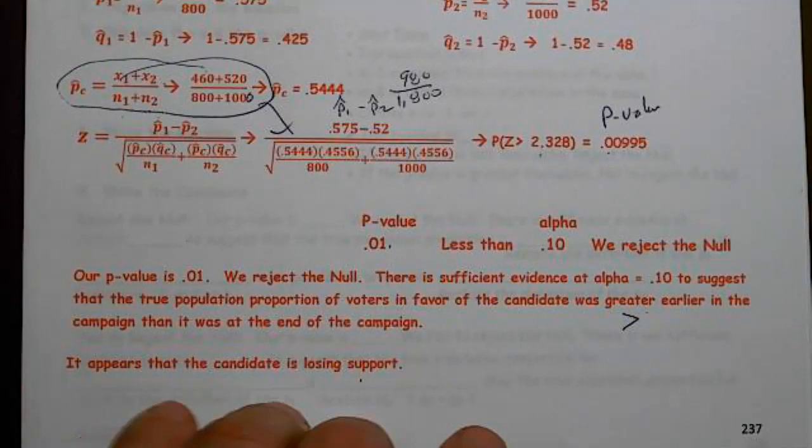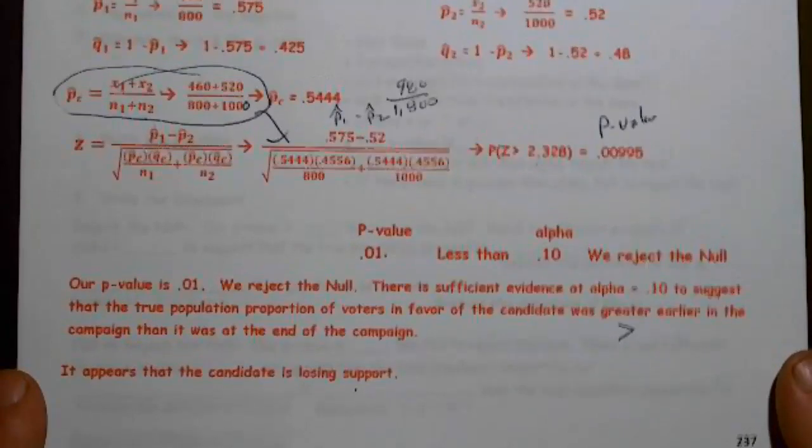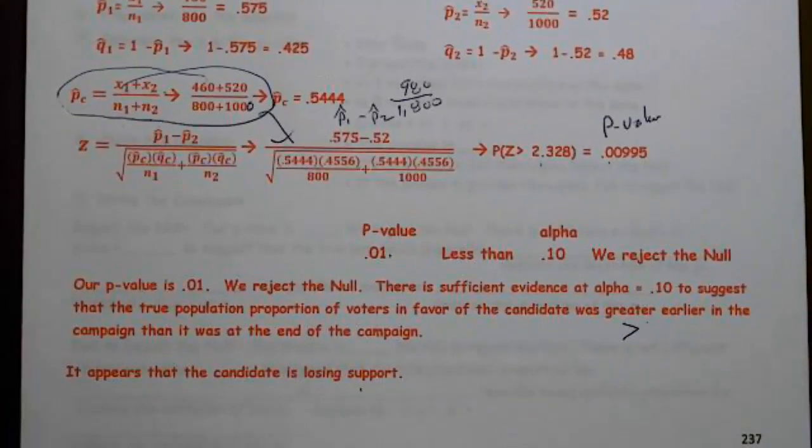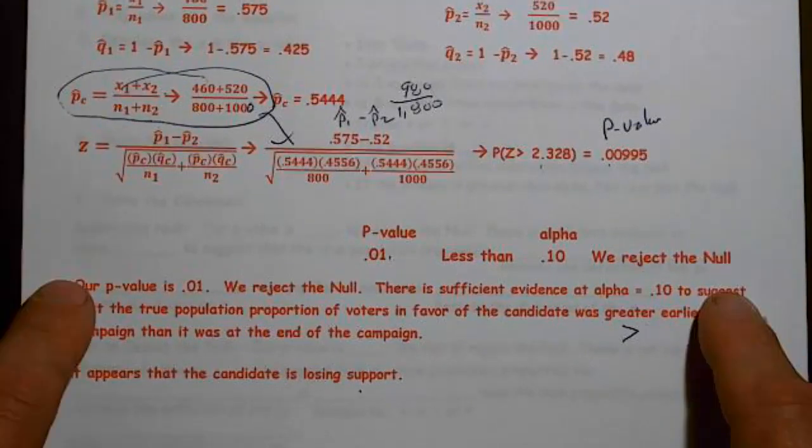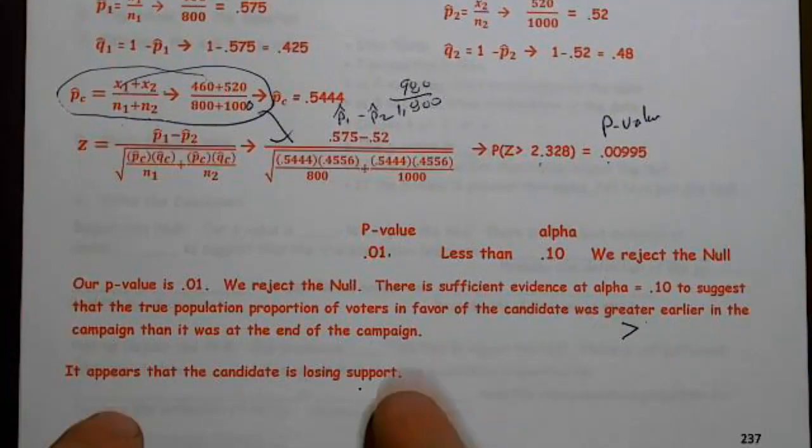This sample indicates that the candidate is losing support. Make sure you always have some clarifying statement where you explain what it is that you found, that you don't just go with the concluding statement. Include the concluding statement, but you need to also summarize it in simplified terms.